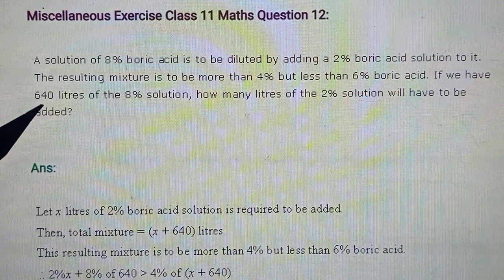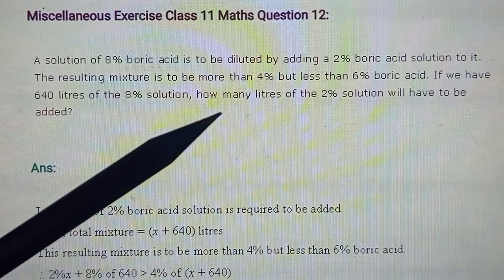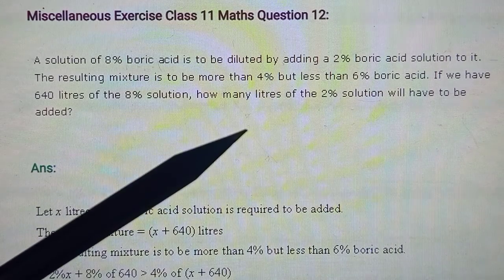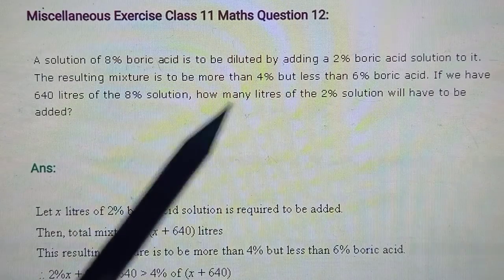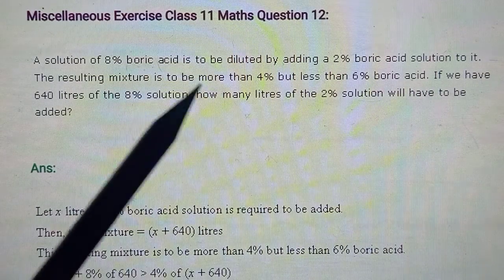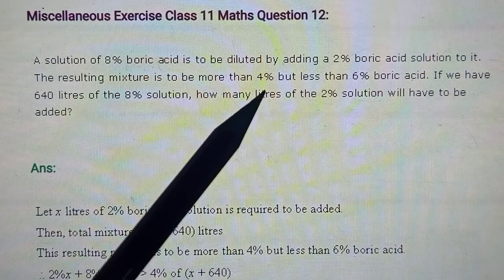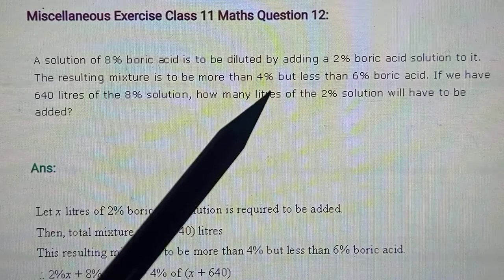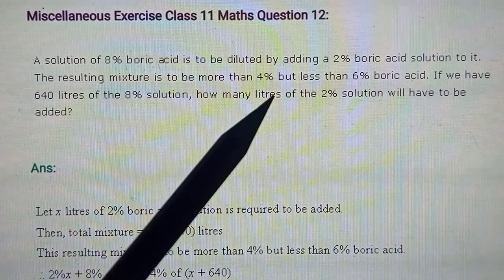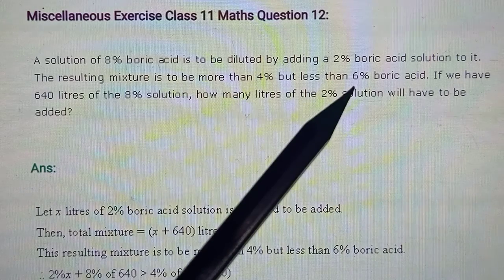Now, if initially we had 640 liters of 8% boric acid solution, then how many liters of 2% solution should be added to achieve this target? The new mixture obtained from these two, 8% and 2% put together, should have its percent of acid from 4 to 6.